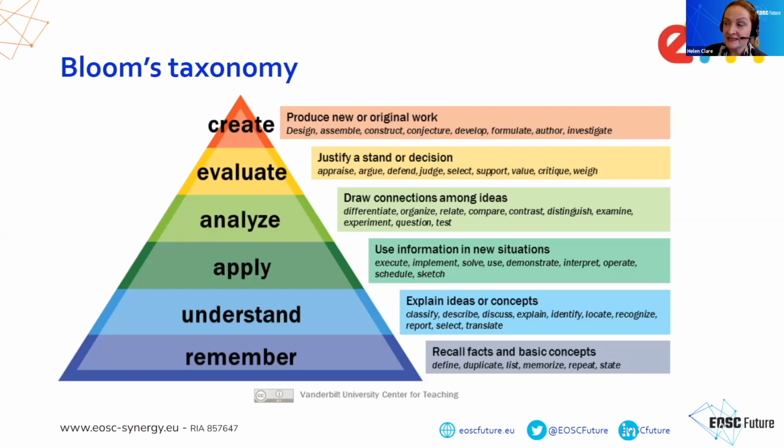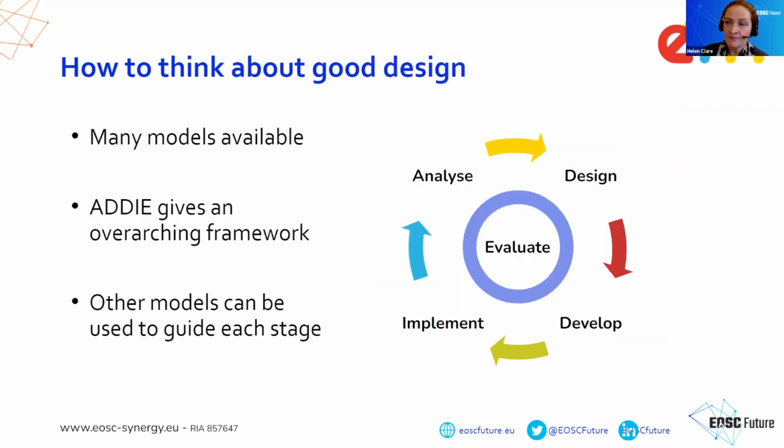A key point in this slide here is that this diagram assigns verbs to each level. So when you're creating your learning outcomes, which are what you want your learners to achieve at the start of your course, you can use the appropriate verbs to reach those outcomes when you're designing your activities.